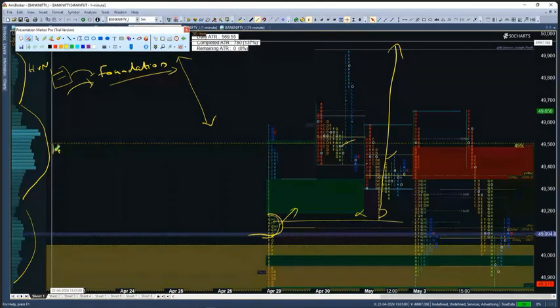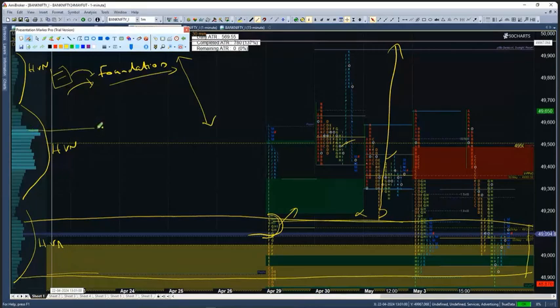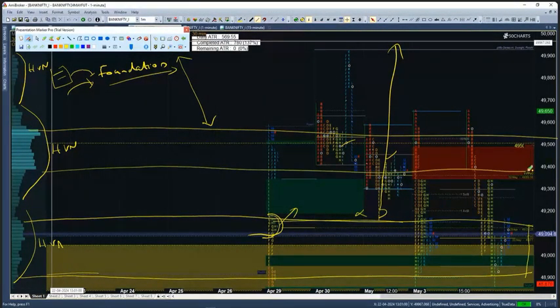This is the high volume node. These are the areas we use as fair value in our market profile. Similarly, they will act as fair value. So this is the way we have to approach the volume profile.